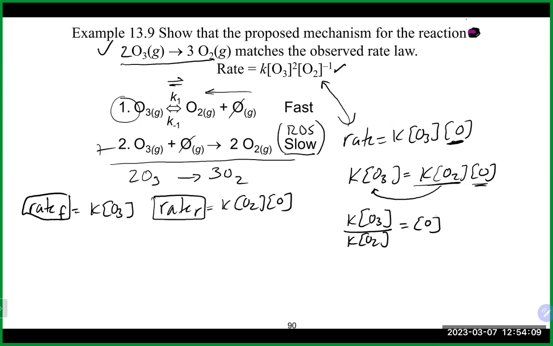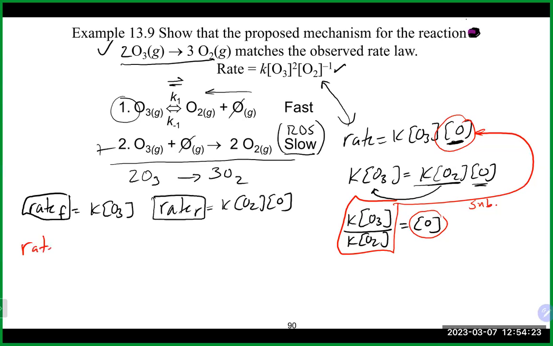At this point, we now have [O]. That means we could take this entire thing and substitute it into that rate law. That will give us the rate is equal to k, and I'm just going to directly write it the way it was, so k[O3] over k[O2].